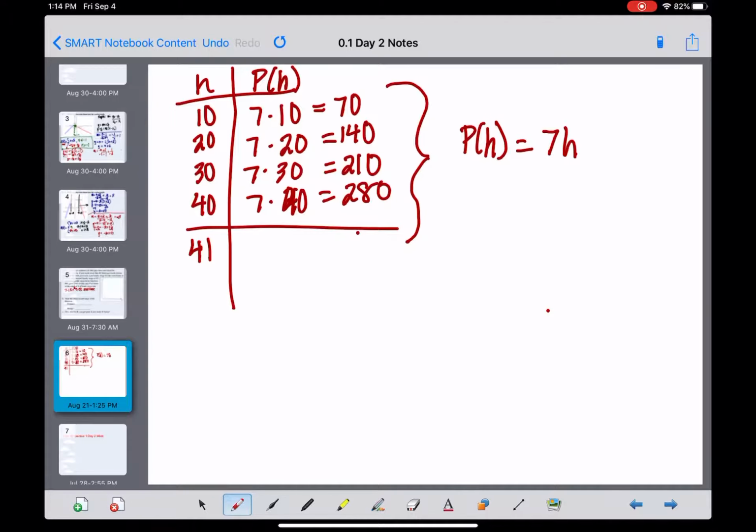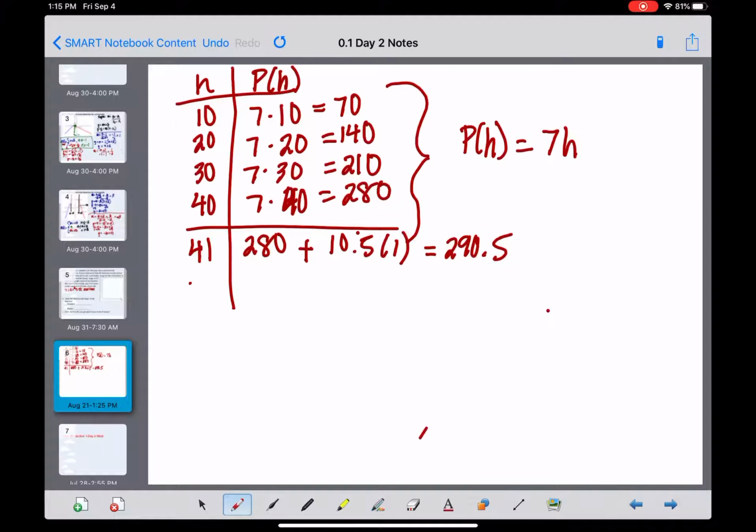So for the first 40, I get $280, but then for that additional hour, I get paid $10.50 for that 1 hour. So that gives me $290.50.